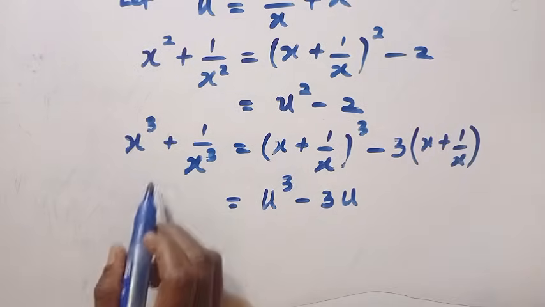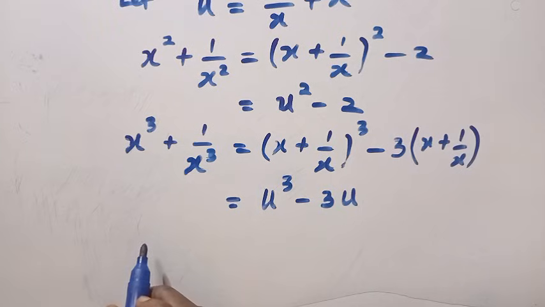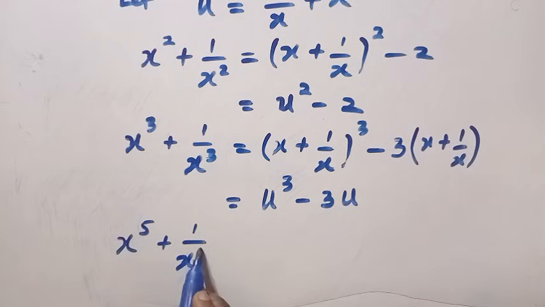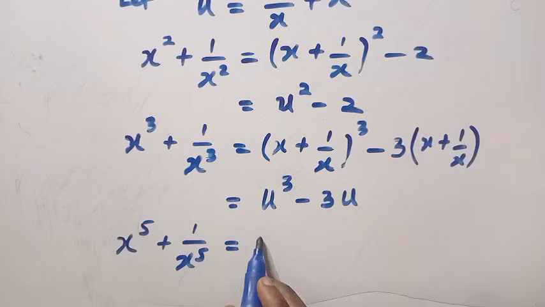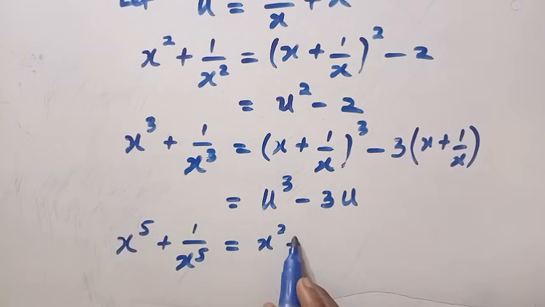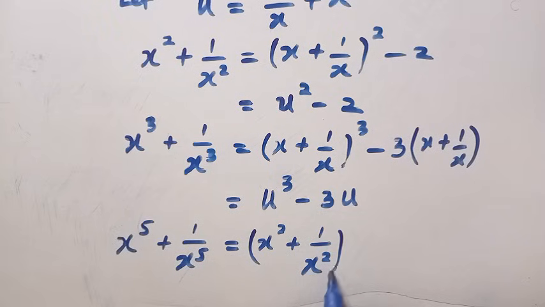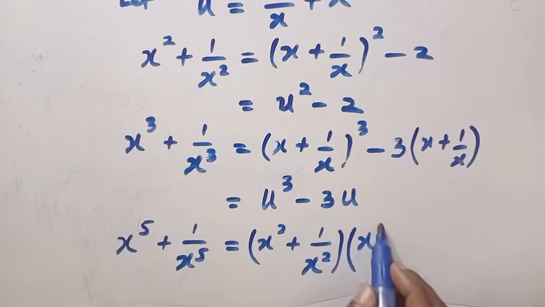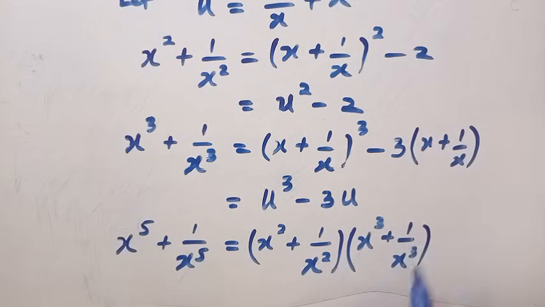Moving on, let's find the power of 5. If we have x power 5 plus 1 divided by x power 5, this is the same thing as x power 2 plus 1 divided by x power 2, multiplied by x power 3 plus 1 divided by x power 3.